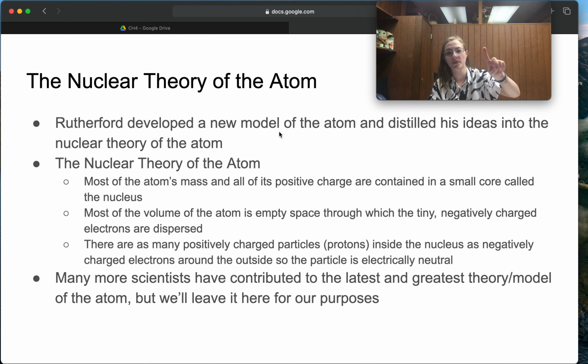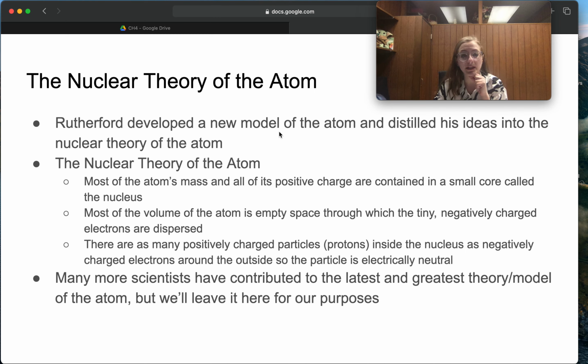So he set it up that all the positive charge and most of the mass are in the nucleus in the center of the atom, and most of the volume is taken up by space for the electrons to fly through. Those negatively charged electrons are flying around the outside of our atom, and in the center sits a lot of mass that contains all of the positive charge.